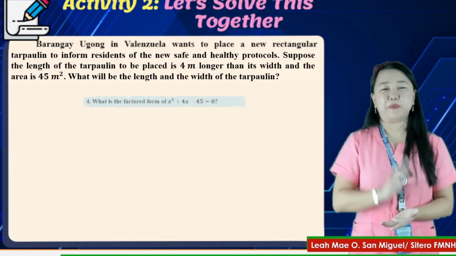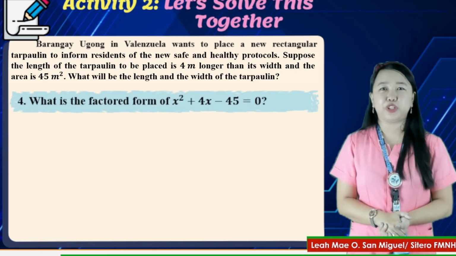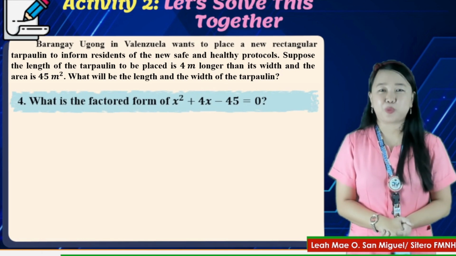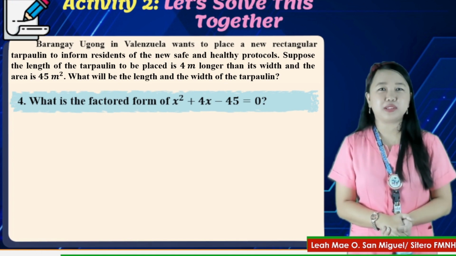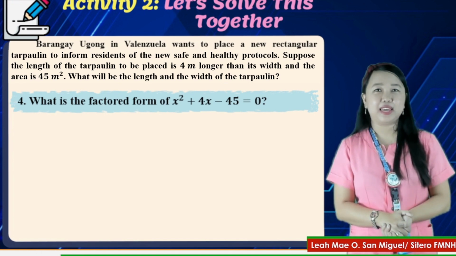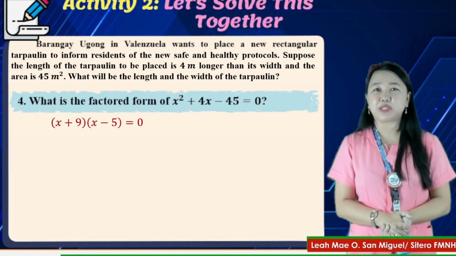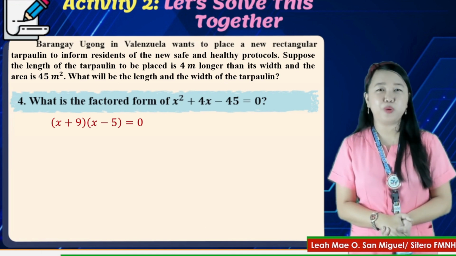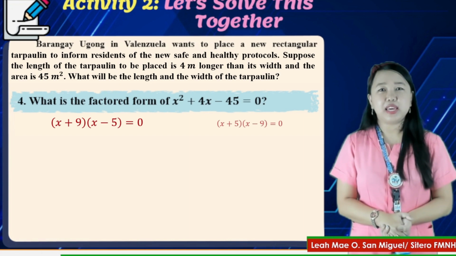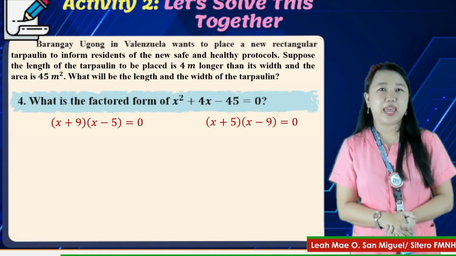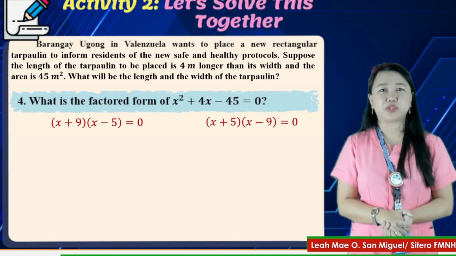Question number 4. What is the factored form of x squared plus 4x minus 45 equals 0? Is it x plus 9 times x minus 5 equals 0? Or x plus 5 times x minus 9 is equal to 0? You have 10 seconds to comment your answer.